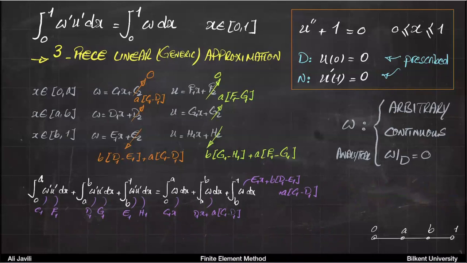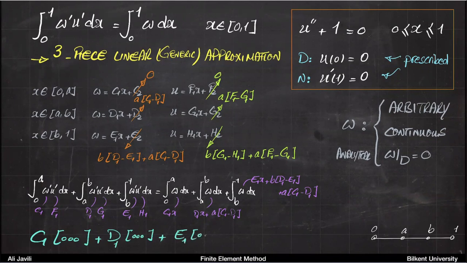If we write that, we end up with an equation which would look similar to C1 times something plus D1 times something plus E1 times something.